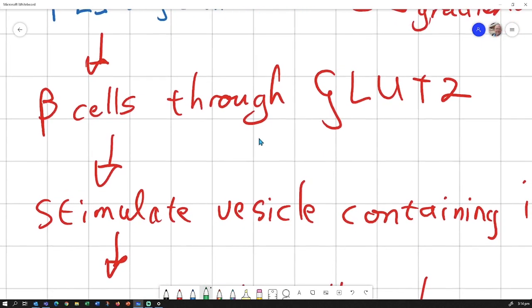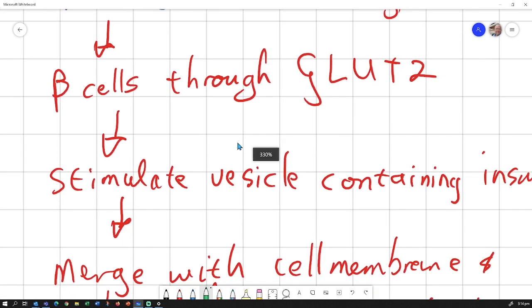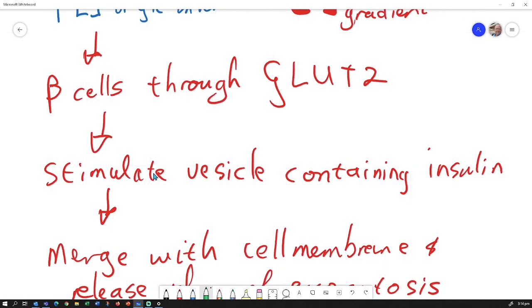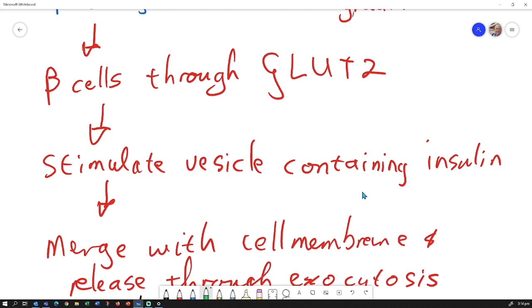When it is inside, it binds to a receptor, and that receptor then stimulates the vesicle that contains the insulin to move towards the membrane. And as it moves towards the membrane, it actually merges with the membrane. And you need to remember that a vesicle is basically made up of a piece of membrane.